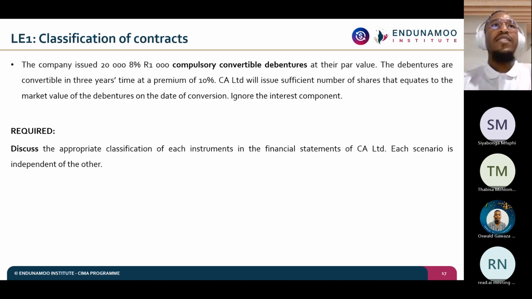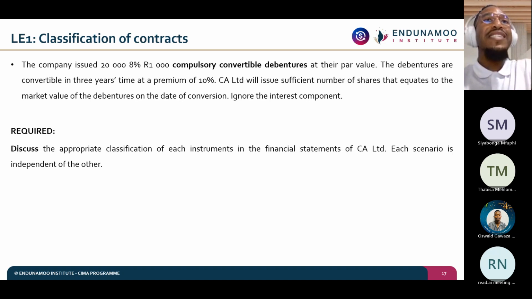In the third instance, we have the same company having issued 20,000 8%, 1,000 Rand compulsory convertible bonds at their par value. The debentures are convertible in 3 years' time at a premium of 10%. CA Limited will issue a sufficient number of shares that equates to the market value of the debentures on the date of conversion.